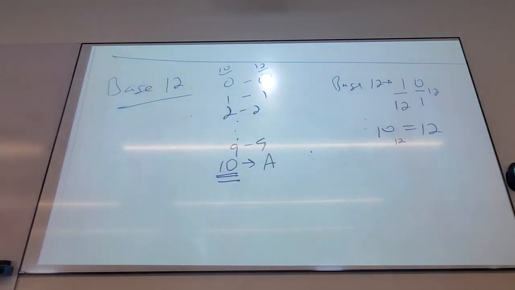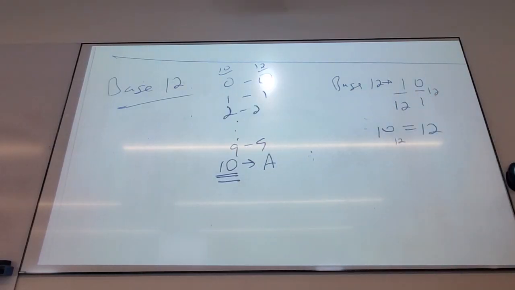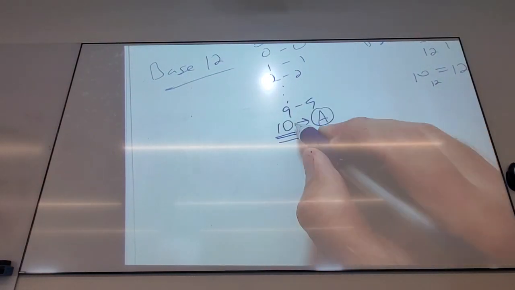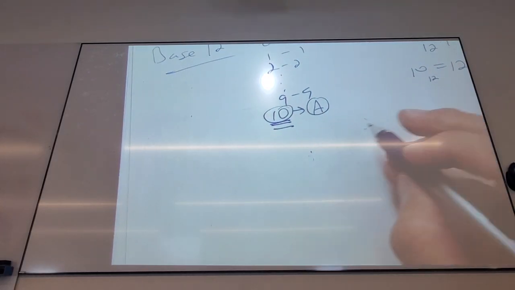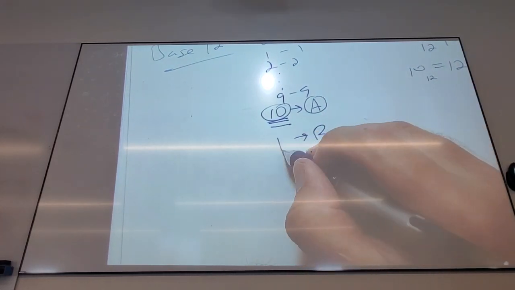So if 12 is 10 in base 12, 11 has to be its own symbol, right? It has to be a single digit. So we use A to mean 10, and we use, you're not going to believe it, B to mean 11.